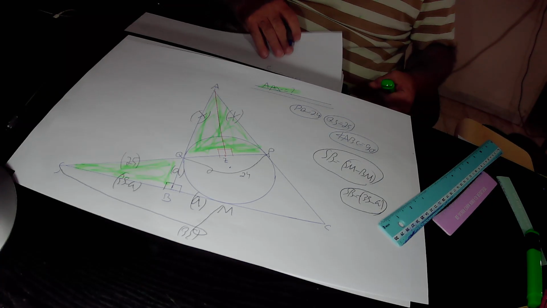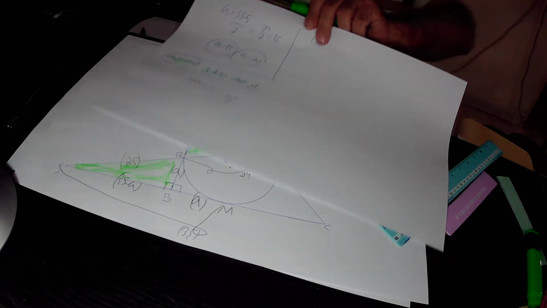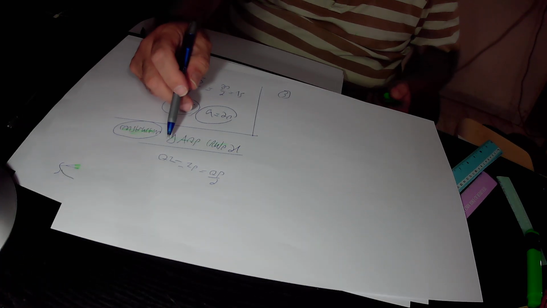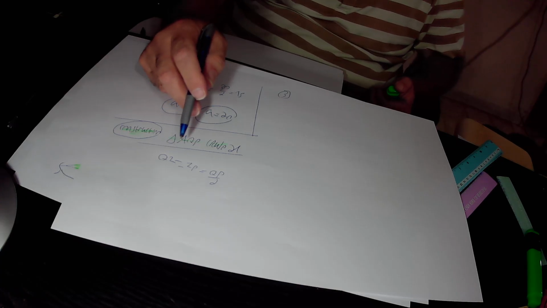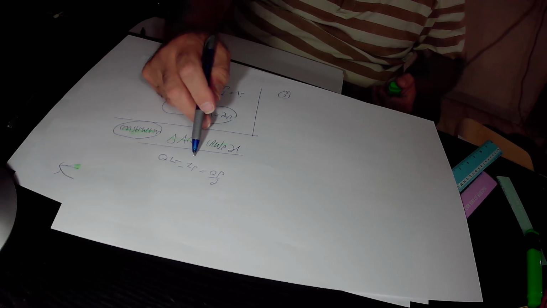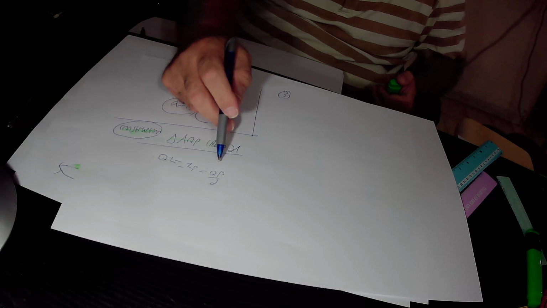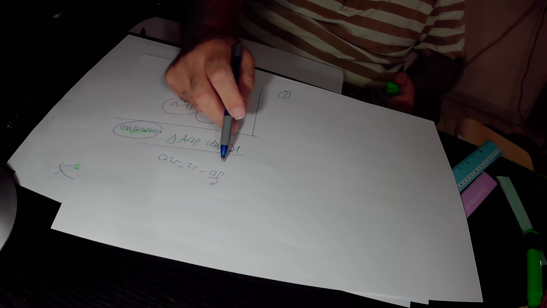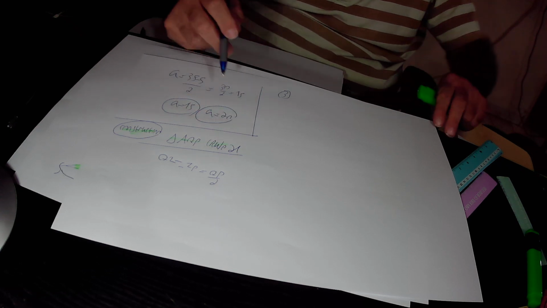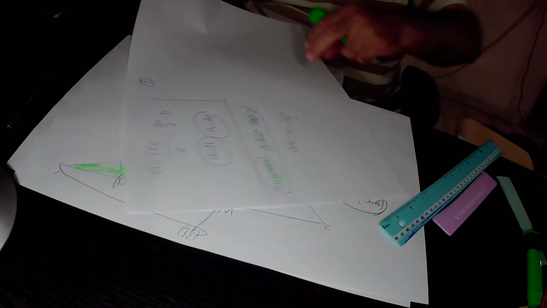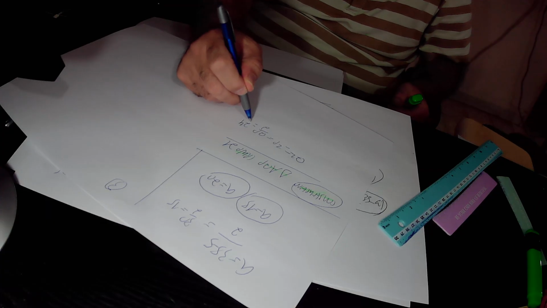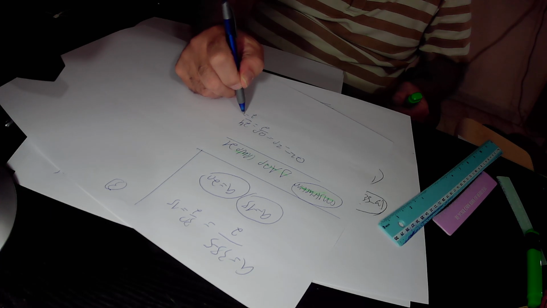And again, the first half of the base QP, QZ, of course equals the second half ZP, and each half must equal QP over 2. QP is 24, therefore QP over 2 is 24 over 2. 24 over 2 is 12.